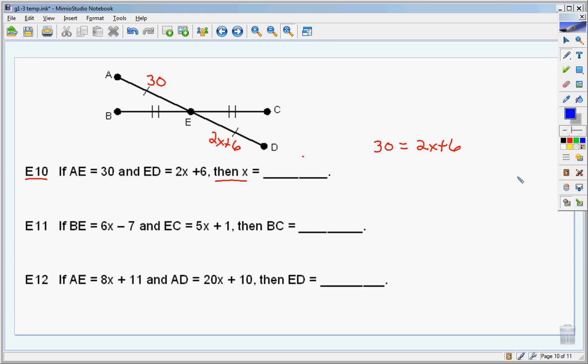And I solve this like I would any other algebraic equation. I'm going to subtract 6 from both sides. I now have 24 equals 2x. And I'm going to divide both sides by 2, leaving me x is equal to 12. These are all going to be somewhat the same.